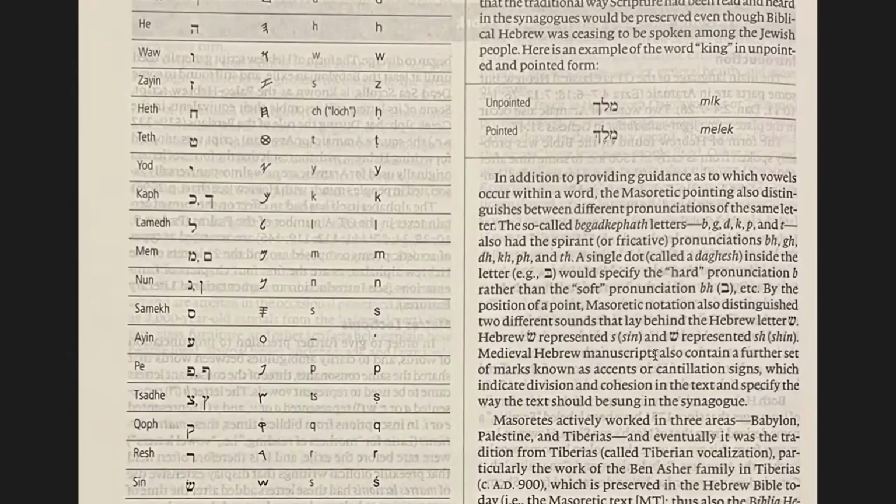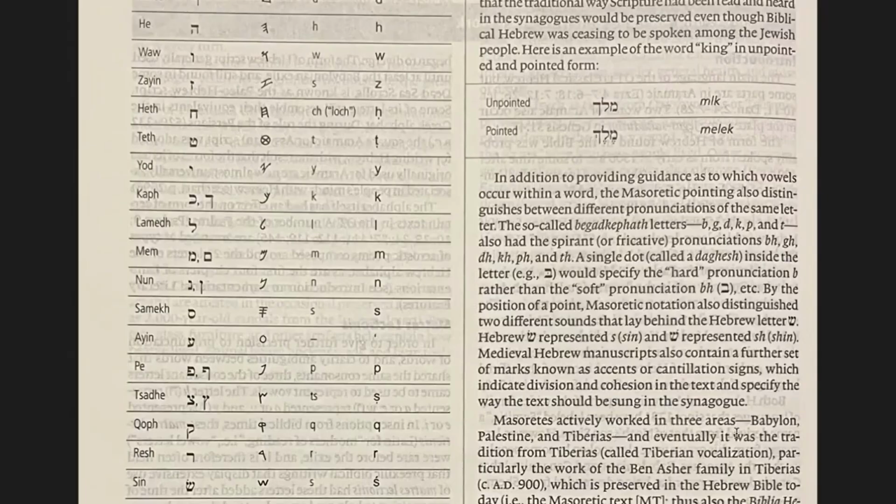Medieval Hebrew manuscripts also contain a further set of marks known as accents or cantillation signs, which indicate division and cohesion in the text and specify the way the text should be sung in the synagogue. Masoretes actively worked in three areas: Babylon, Palestine, and Tiberias.